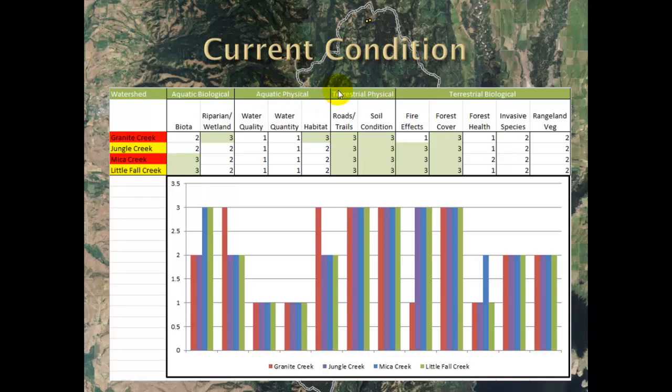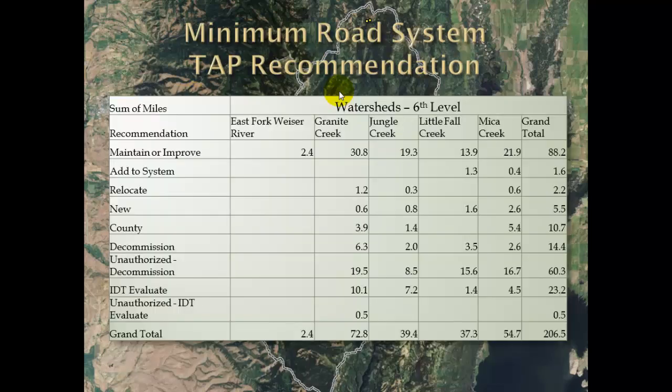Each of the other 3 ecological processes are weighted at 30%. So in addition to the watershed condition, the travel analysis process evaluated roads, and the ID team had recommendations for the status of the roads. Display them in a table here organized by watershed.